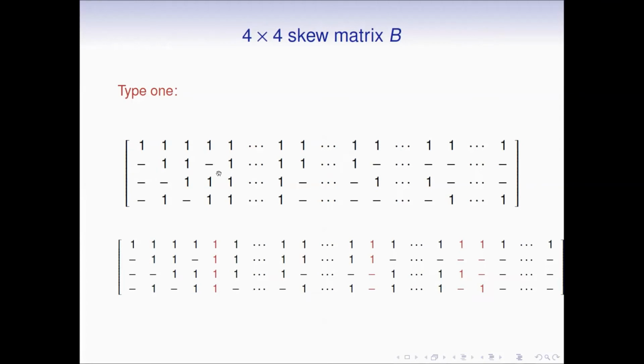And we know that in order 36, we don't have type 0. So we remove this one, and we just focus on the second one. And here also, if you look at the red columns, they are of type 1 in the transpose matrix.